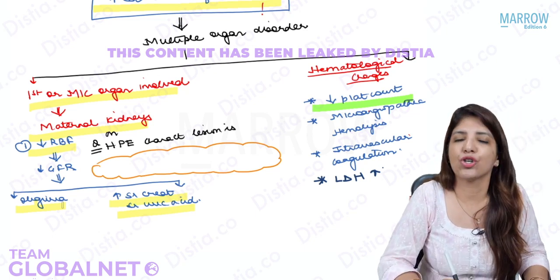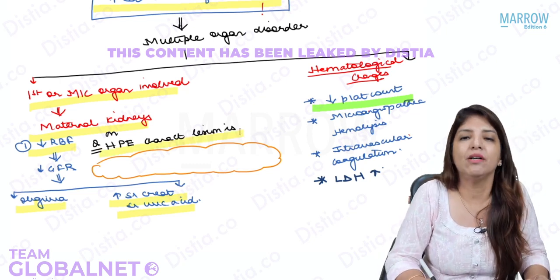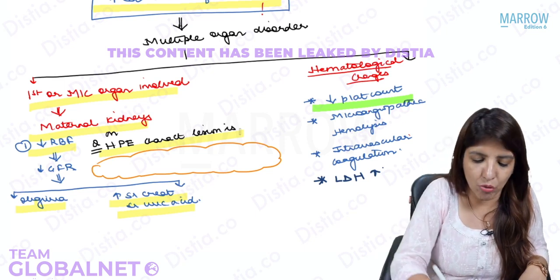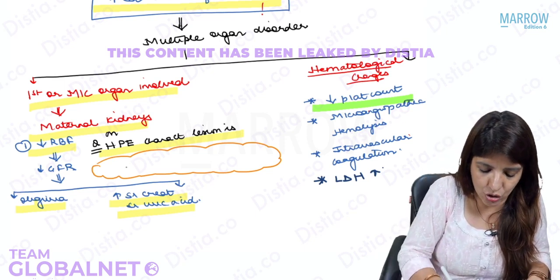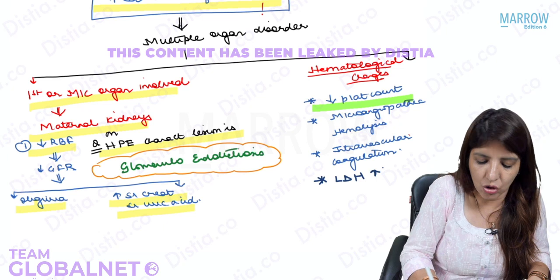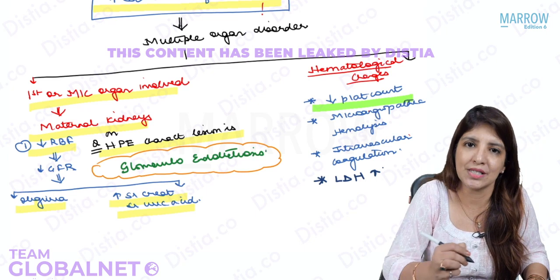Now, if they ask you what is the most characteristic histopathological lesion which is seen in PIH in the kidney, the most characteristic lesion is glomeruloendotheliosis. I'm sure you know more about glomeruloendotheliosis than me.